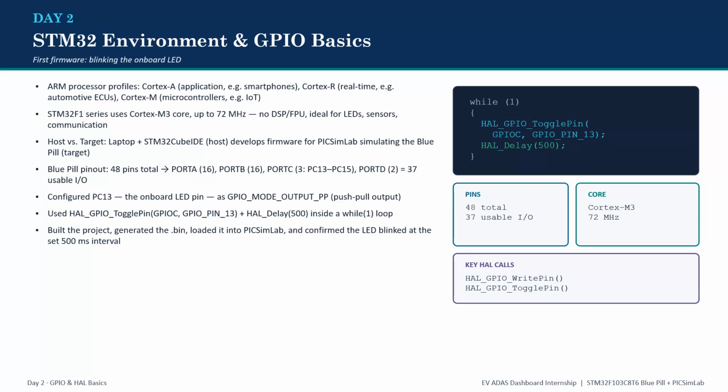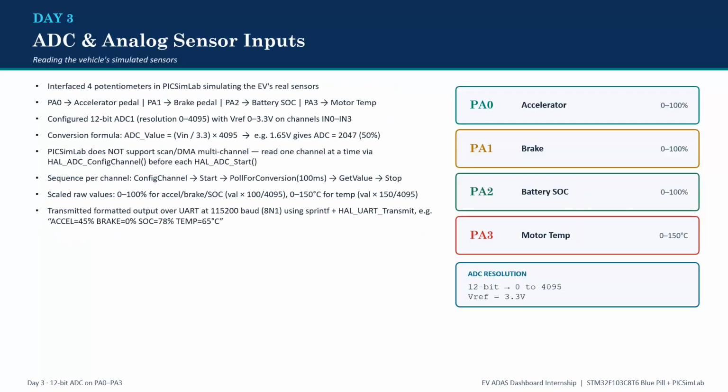I built this project in the Cube IDE, generated the binary file, loaded it into the Pixim lab, and ran it. In the simulation, the LED blinked at exactly the 500 millisecond rate that I had set.